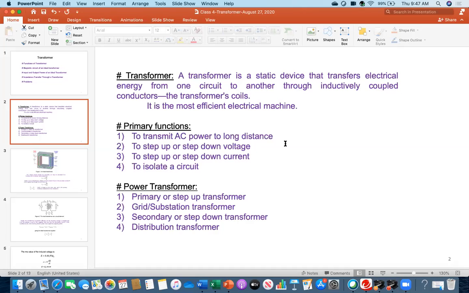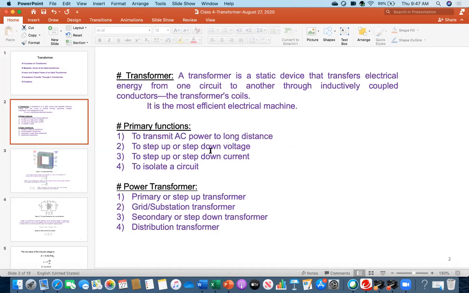You can't transmit DC power because it will produce constant flux, a constant magnetic field. That's why DC power transmission is not possible, and that is the motivation to invent and explore AC. The transformer is an AC device, keep in mind, not a DC device.